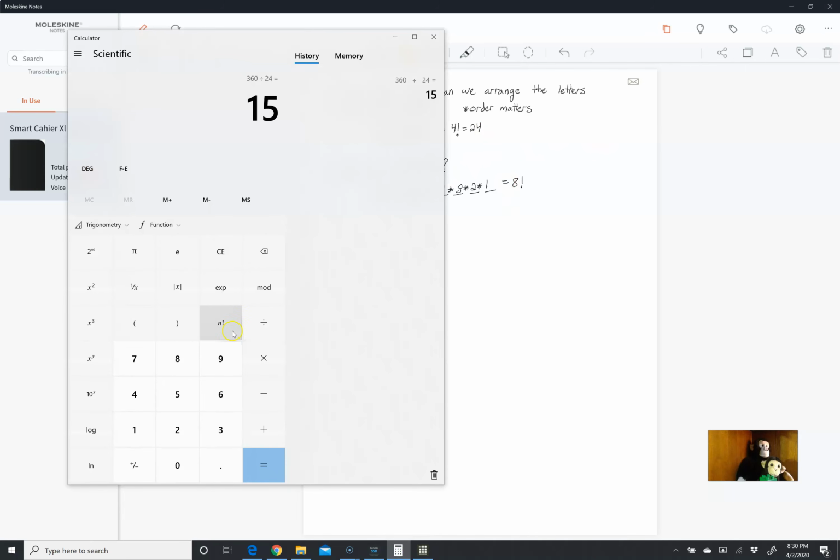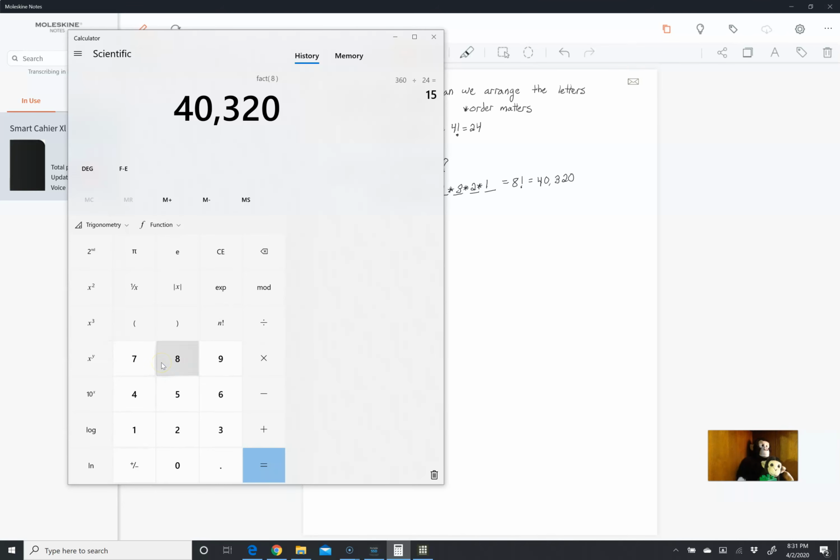And you'll see on most scientific calculators, there is a factorial. So we could just write 8, and then we press the factorial button, and you get your answer. In some scientific calculators, you might have to type in the factorial first, and then you press 8. It kind of depends on the calculator.